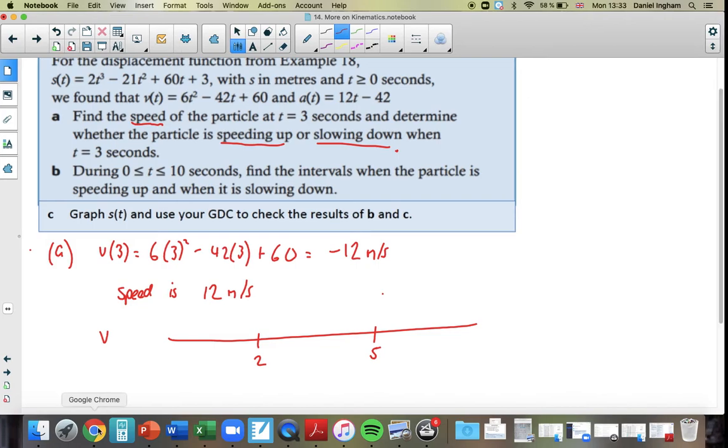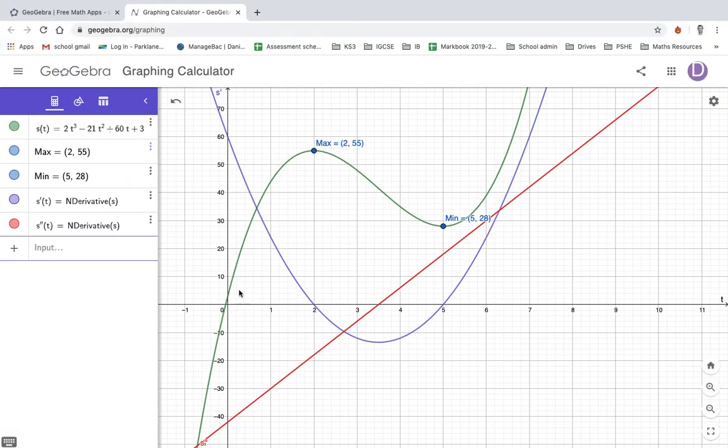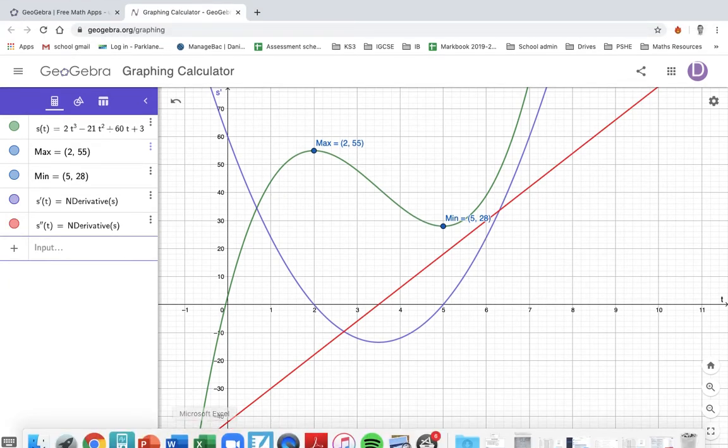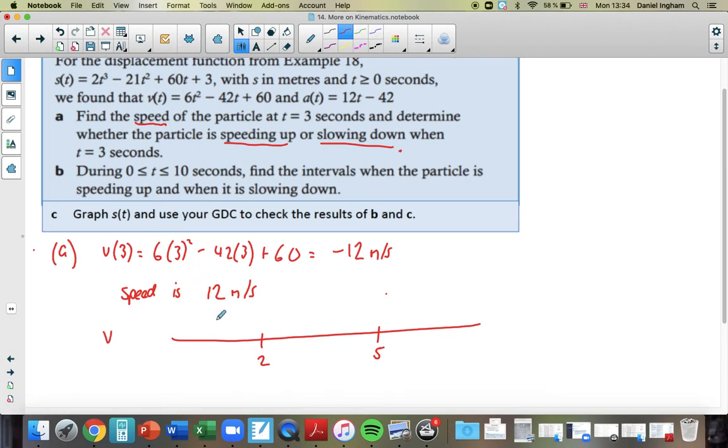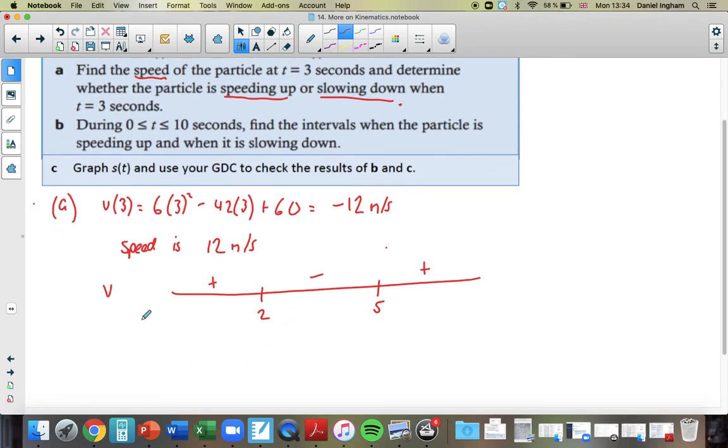Looking at the graph, I can see that before 2 the velocity is positive, between 2 and 5 it is negative, and after 5 it is positive. Now, if it's a calculator paper, you can get that from the graph.